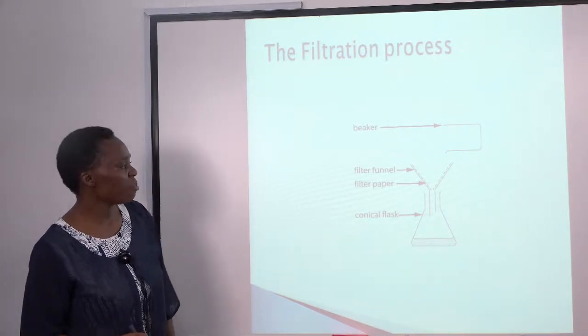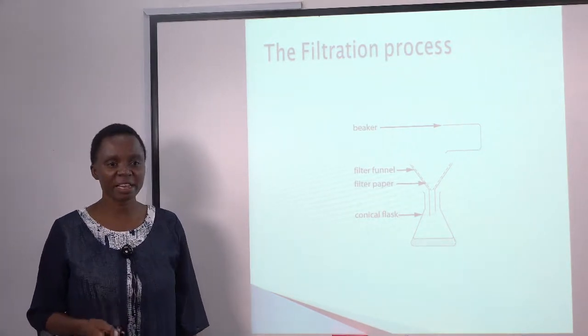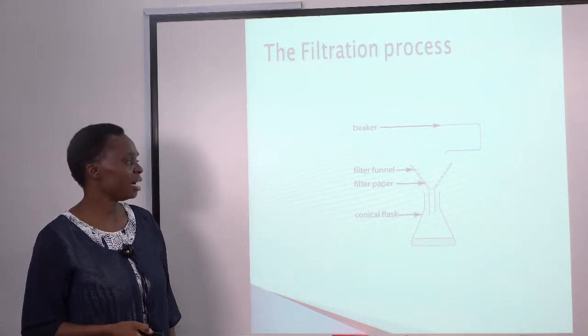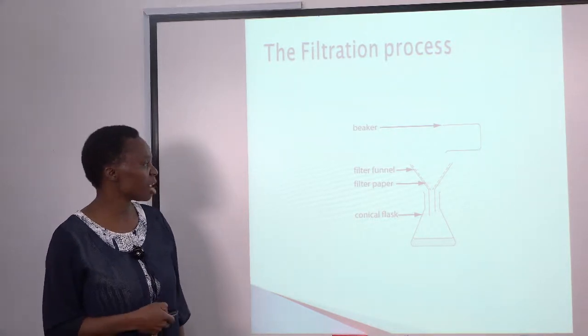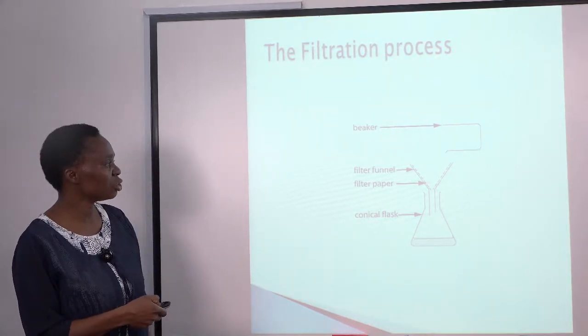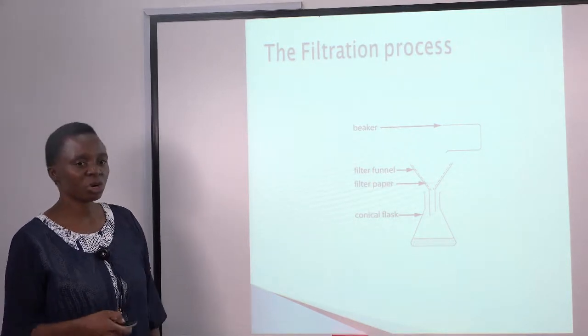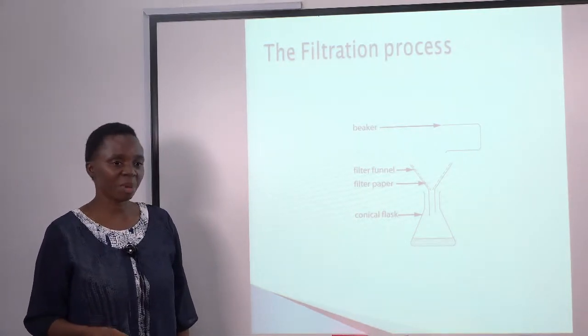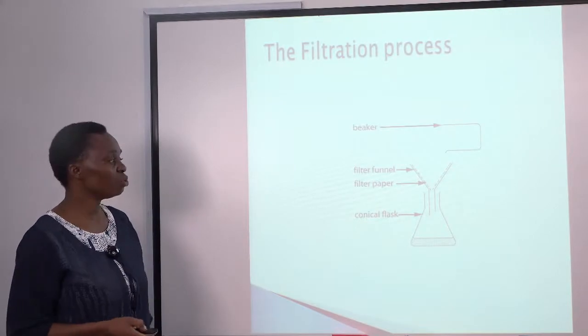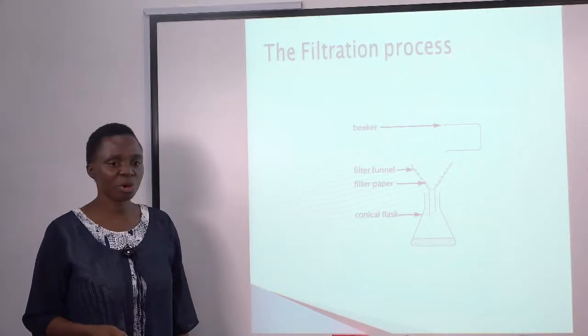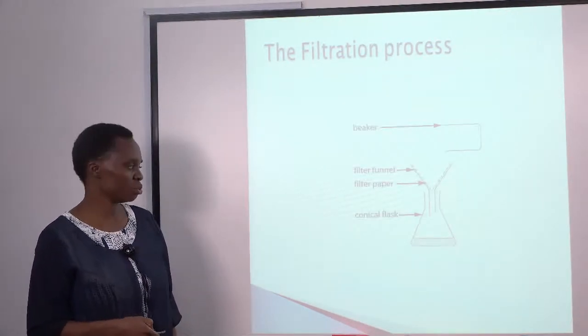So you pour the mixture through the funnel, and the insoluble salt will be trapped on the filter paper, which is shown by the dots there, because the filter paper only has pores which will only allow the soluble part of the mixture to pass through.